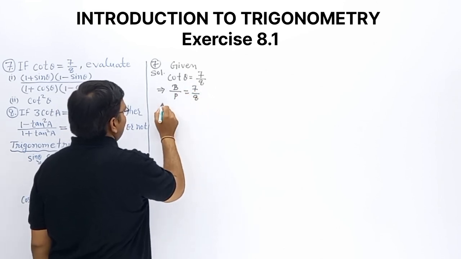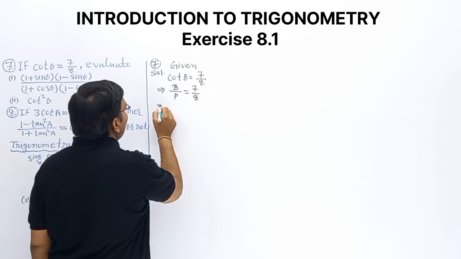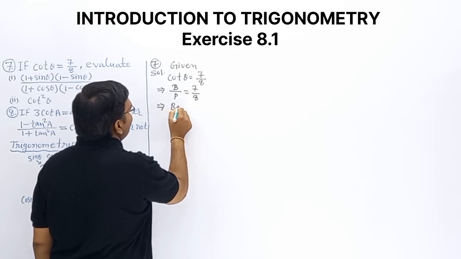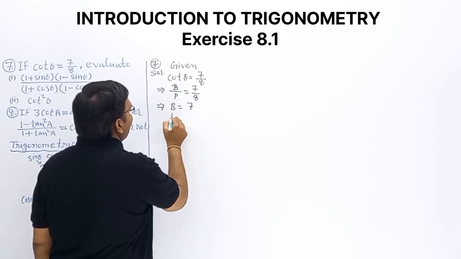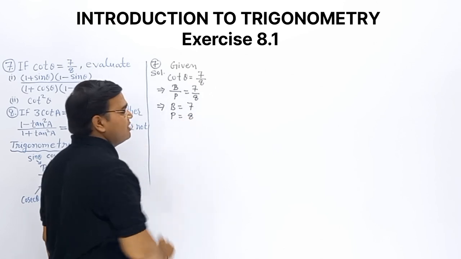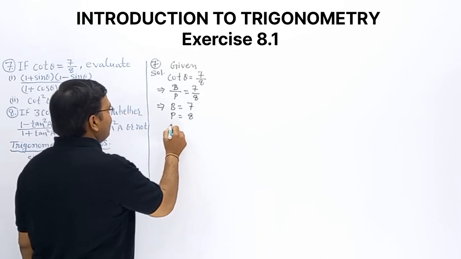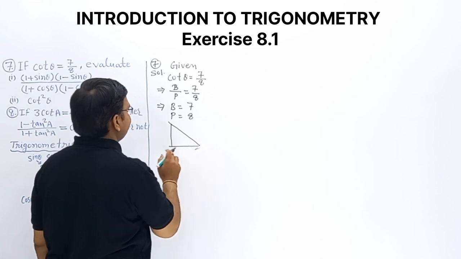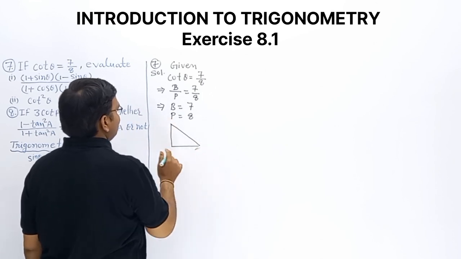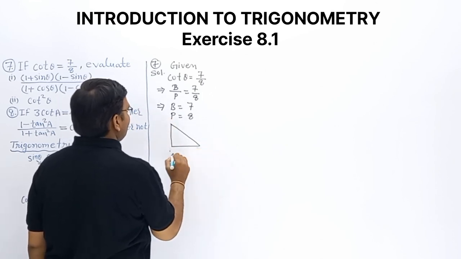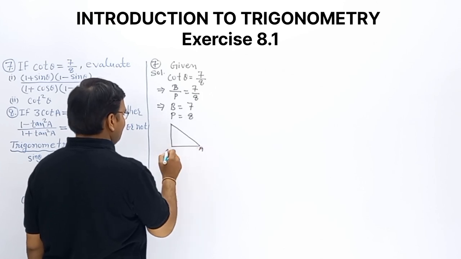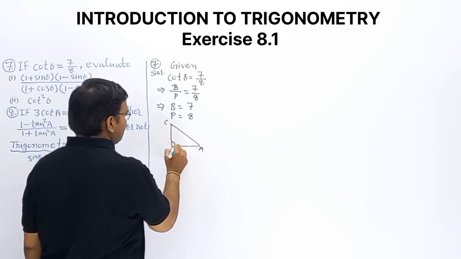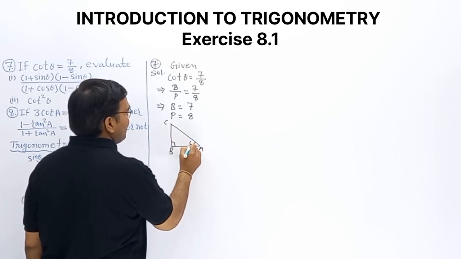Comparing this equation, we get base equal to 7 and perpendicular equal to 8. Yes or no? I am drawing the right triangle. Observe. This is the right triangle ABC, with B as the right angle, and this is the acute angle I am taking.